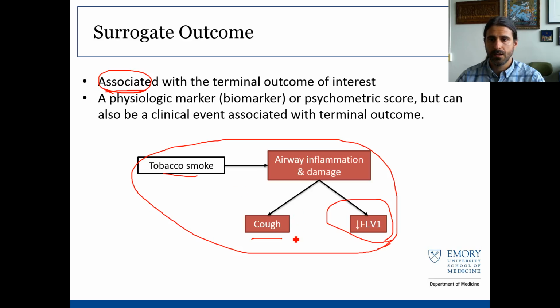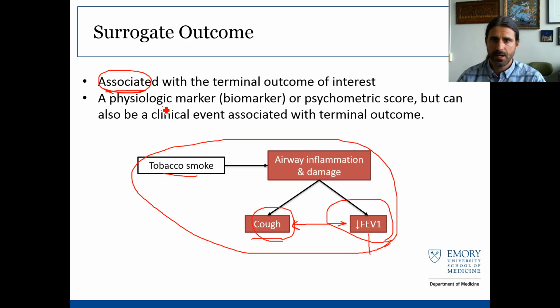In this case, cough is the surrogate outcome to what I'm really interested in. It may or may not be associated with declines in lung function, and there may be different degrees to which it's associated, meaning the strength of the association. So in this sense, it's a surrogate outcome because it's not the terminal outcome of interest that I want, it is rather associated with that.